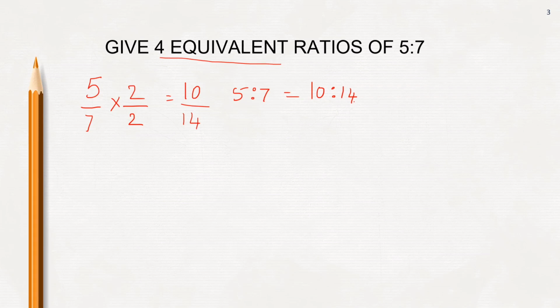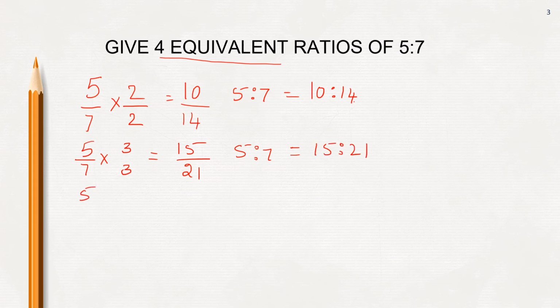Here, 5:7, if you multiply with factor 3, it will be 5 3 times is 15 and 7 3 times is 21. So the equivalent ratio is 15:21. Similarly, we'll multiply with 5. 5 5 times is 25 and 7 5 times is 35.